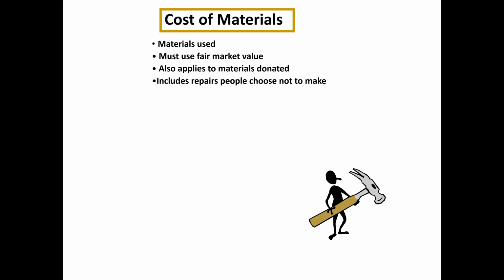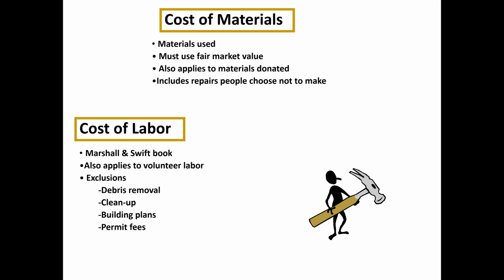So what do we have to include in the cost of repairs? It's the materials used. Even if they're donated, we have to price everything out at its regular cost, no matter what the actual cost is. The same goes for donated labor, the cost of labor. There are cost estimating guides for this as well.